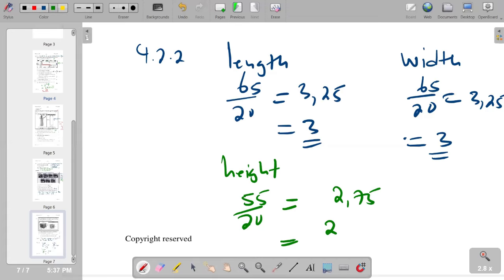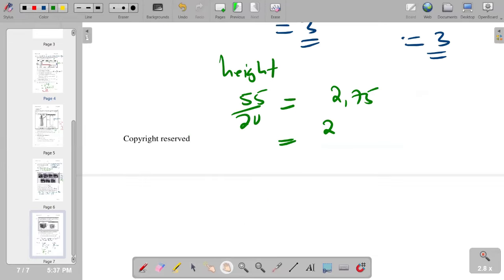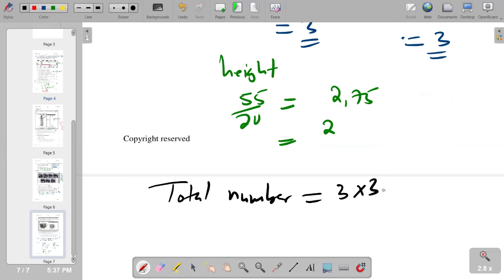So to get the total number now, we multiply 3 times 3 times 2, which we are going to get as 18.